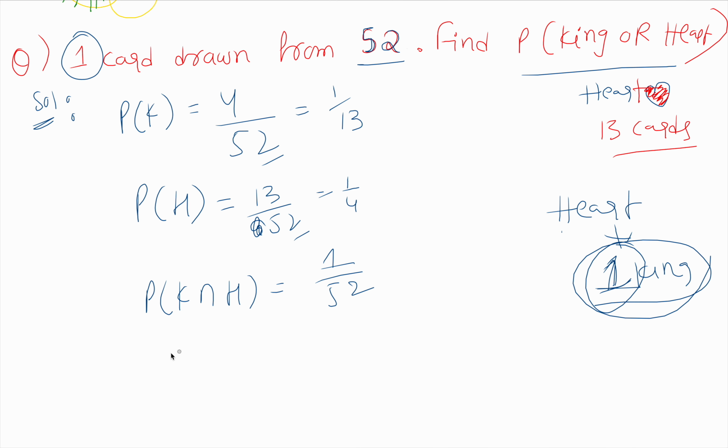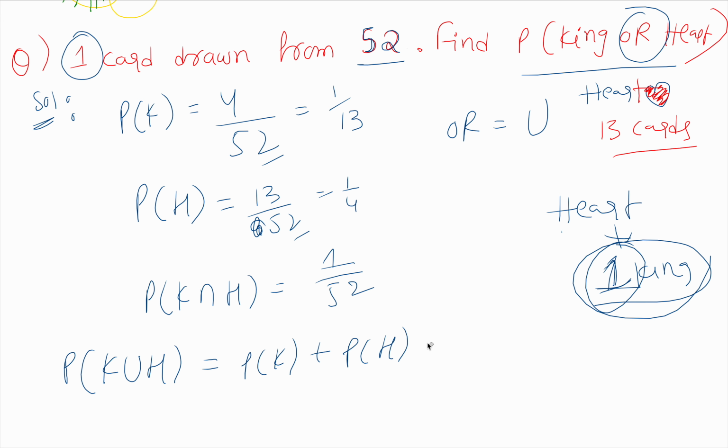To find king or heart, we notice that 'or' in the question means union. So probability of king union heart is equal to probability of king plus probability of heart minus probability of king intersection heart.